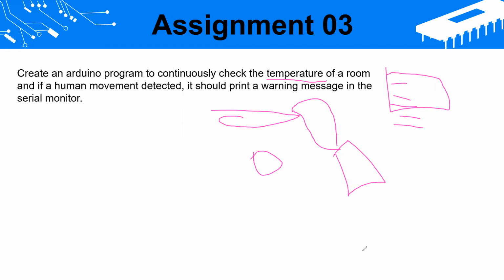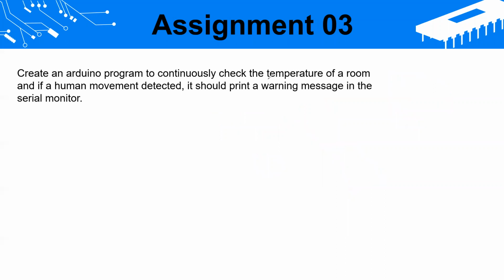So it has 2 sensors: the temperature sensor TMP36 and the human movement detector PIR sensor. It keeps checking the temperature, and this is about interrupts. If the PIR sensor detects movement, it should print a warning message on the serial monitor. That is assignment 3.